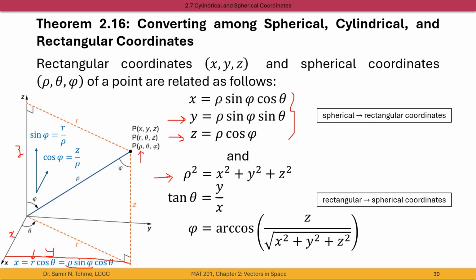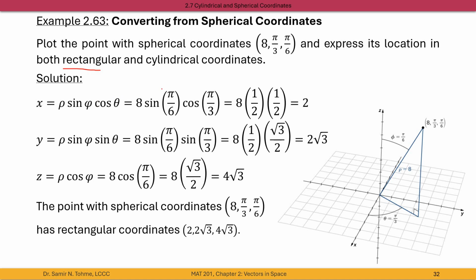All you have to do is replace the values of rho, phi, and theta, which are given, and do the calculations. Replace rho, which is equal to 8, phi, which is equal to pi over 6, and theta, which is equal to pi over 3. Same thing for y and z. Calculate, and you get these values, 2 radical 3, 6, and 4 radical 3 for x, y, and z respectively, and these are in rectangular coordinates.